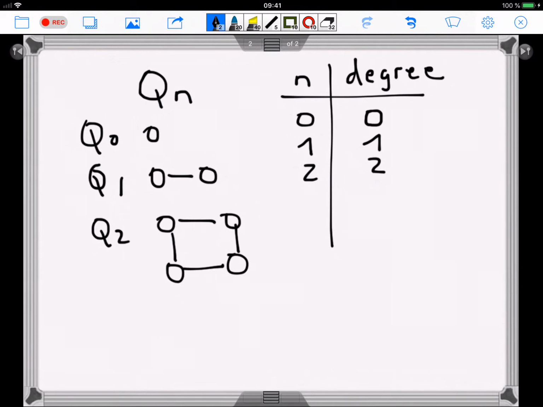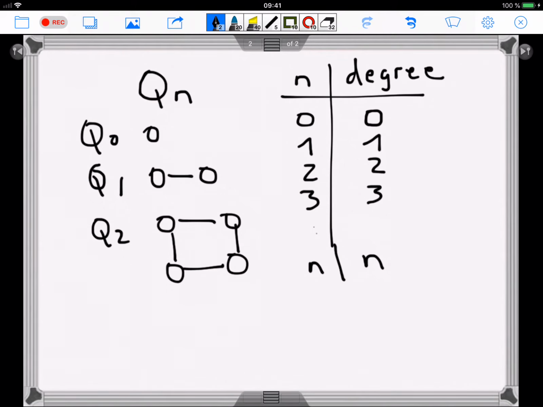Q3 is the cube, and you can see that in this case the degree is 3. So it's clear that for Qn the degree of each of the vertices is n.